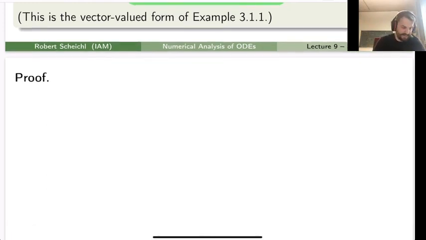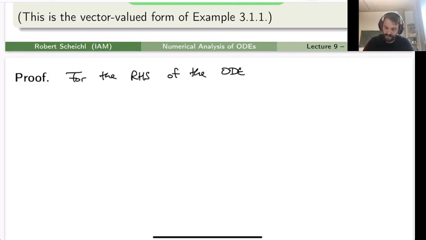So for the right hand side of the ODE, we now consider this condition. We have the real part of the inner product of f of t, y minus f of t, x with y minus x.